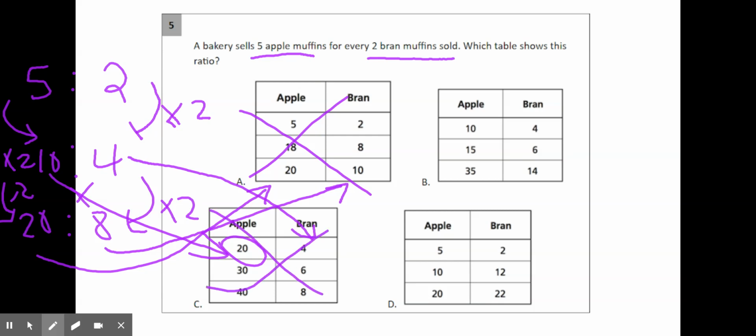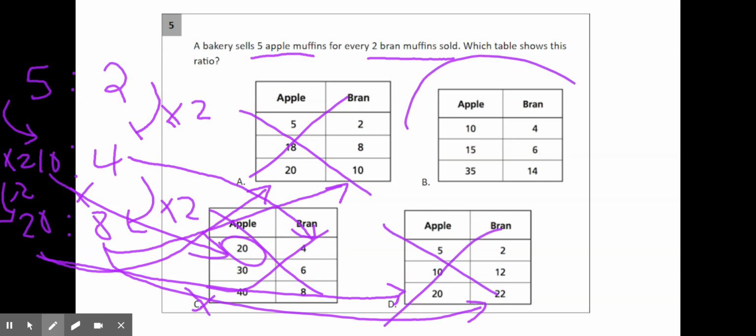So C is incorrect as well. And then D is incorrect because when we have 20 apple muffins sold, we actually have 8, and that does not equal 22. So B is our correct answer.